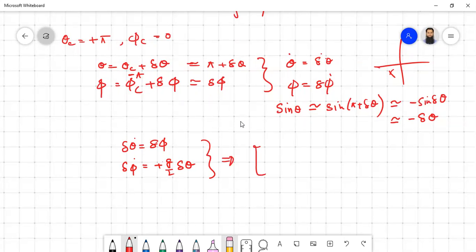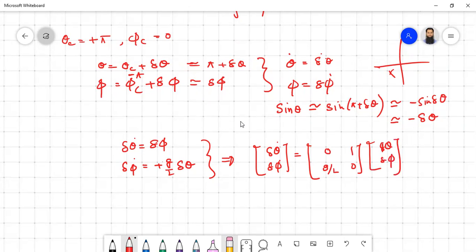So now let us write it in matrix form. We have del theta dot, del phi dot equal to 0, 1, g by L, and 0, times del theta, del phi.